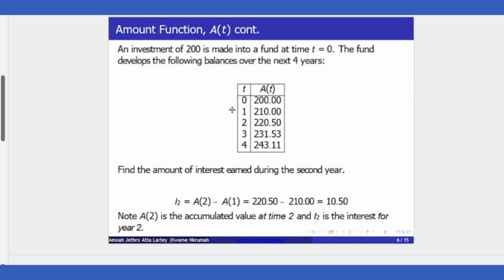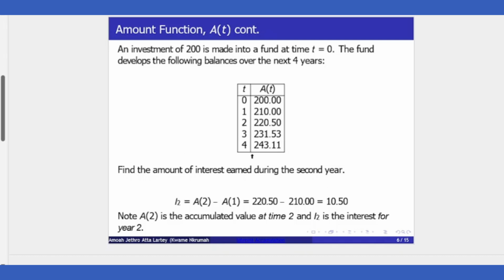So this is the amount we invested, 200, at time 0, and then at time 1 it has accumulated to 210, and 220, 231, 243. Looking at this, you can see that at time 0 it is the same amount that we invested, as the property of the amount function. At time 1 it increased, time 2, time 3. So the amount function is generally increasing, right?